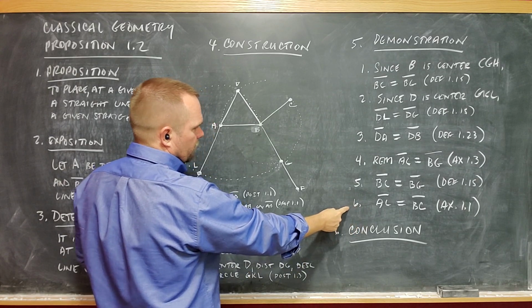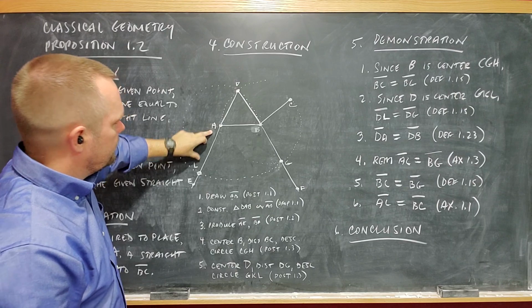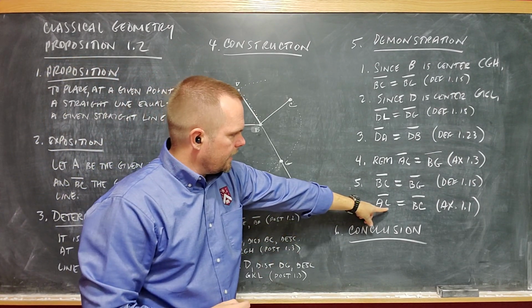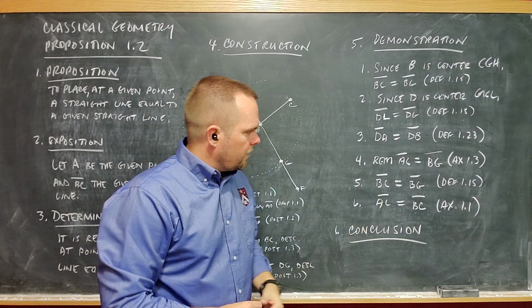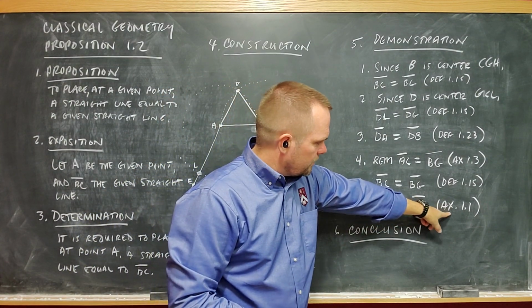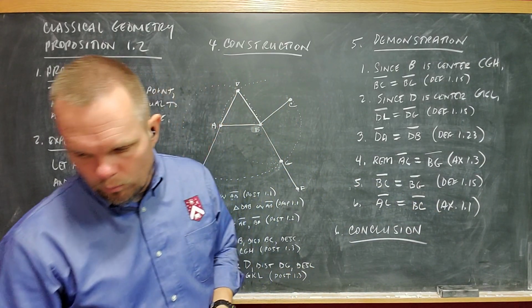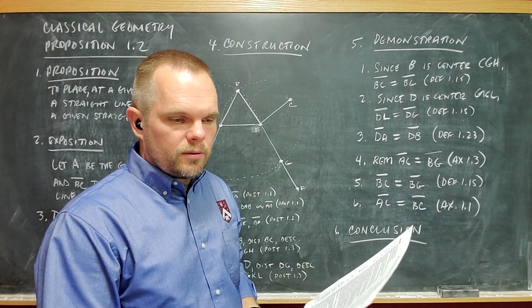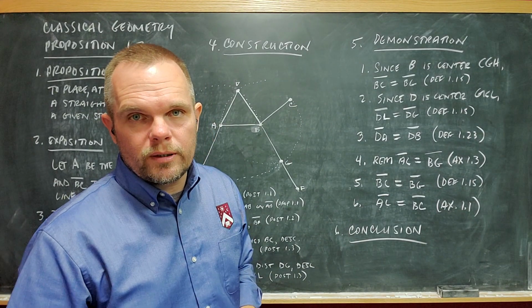And then we move on to point 6, that line AL is equal to line BC. You can see that here. AL equals BC. And the reference given for that point is Axiom 1.1, which says things which are equal to the same thing are also equal to one another.